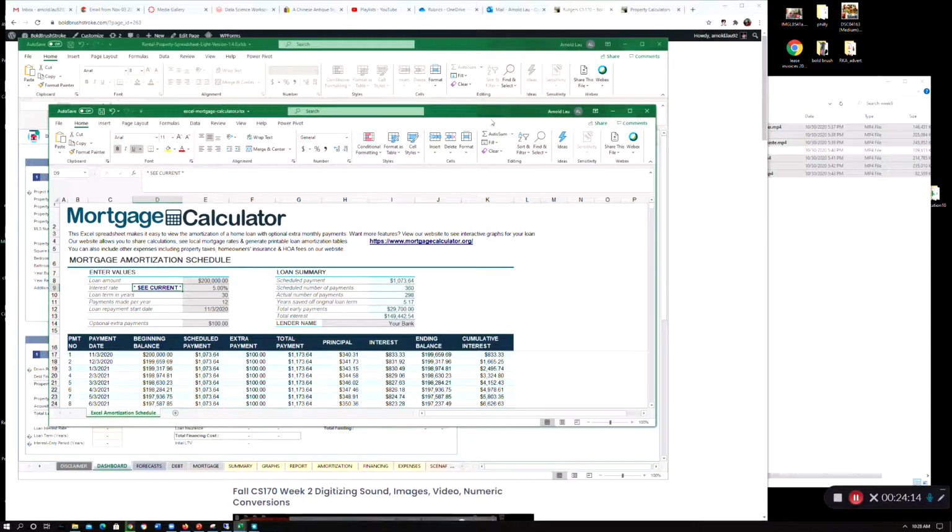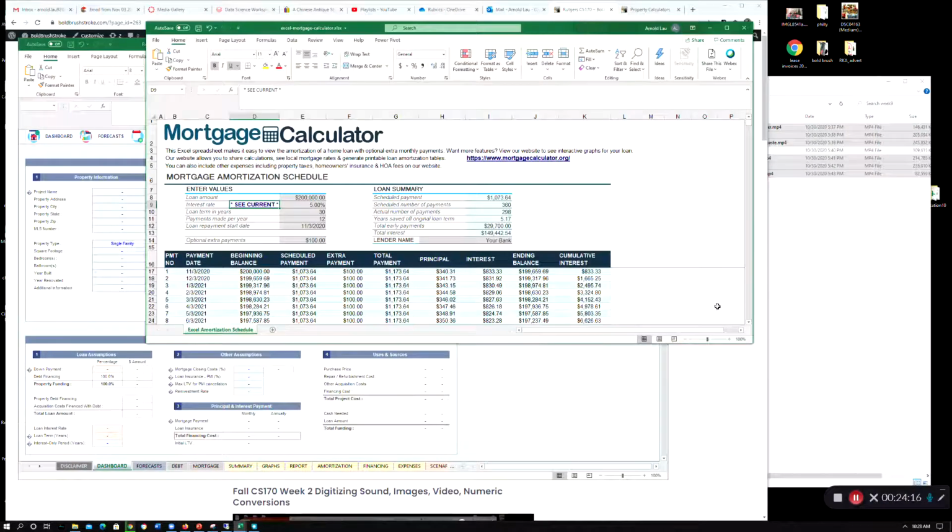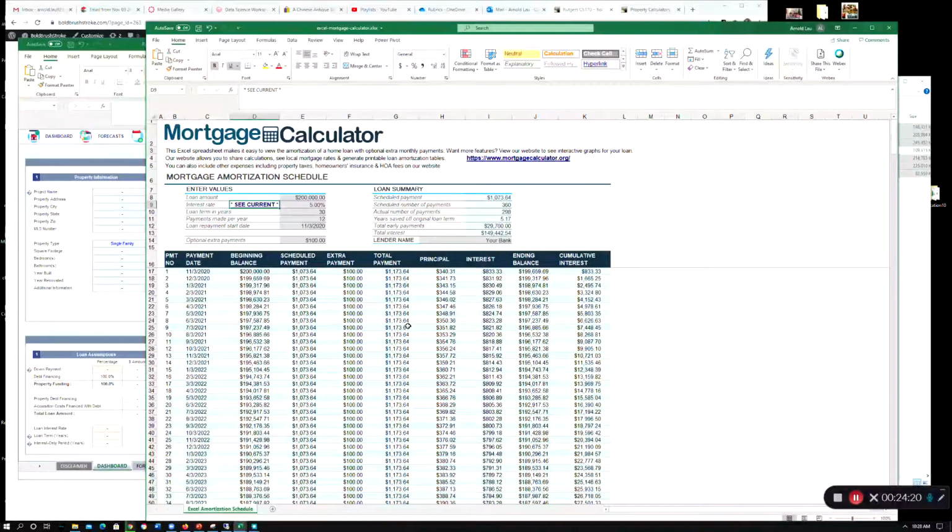Now this is a mortgage calculator. Again, this is all done in an Excel spreadsheet. So you punch in all the different stuff here, and the nice thing, and it's fairly straightforward, right, is that once you've got one of these, you can cascade this all the way down.